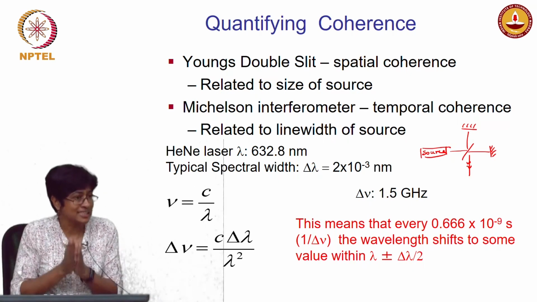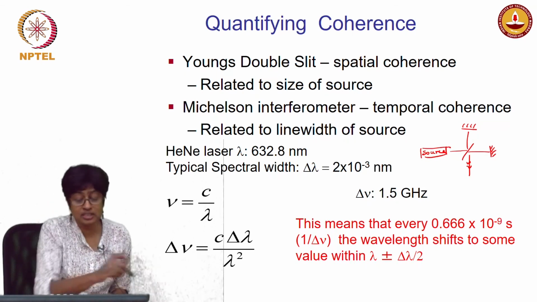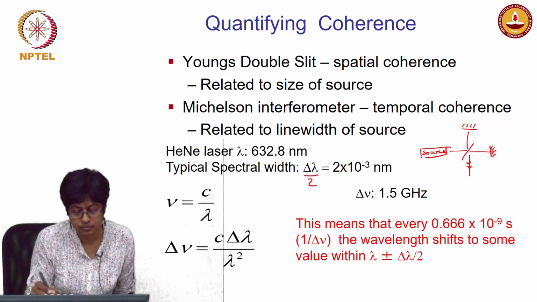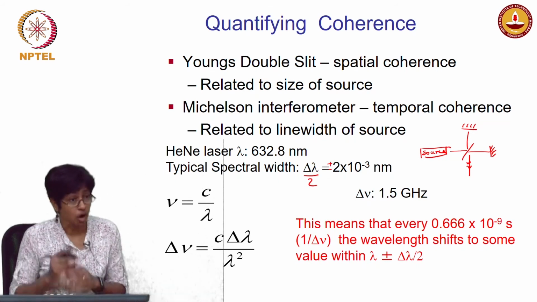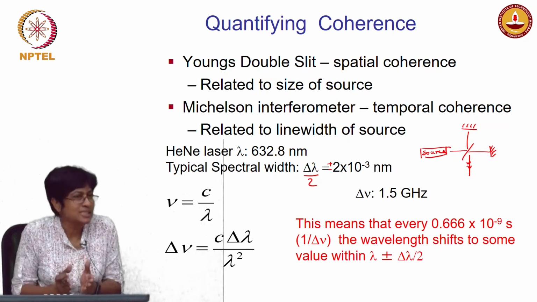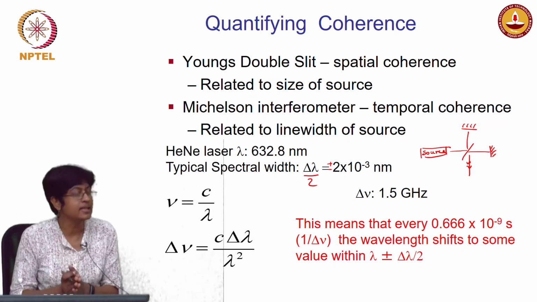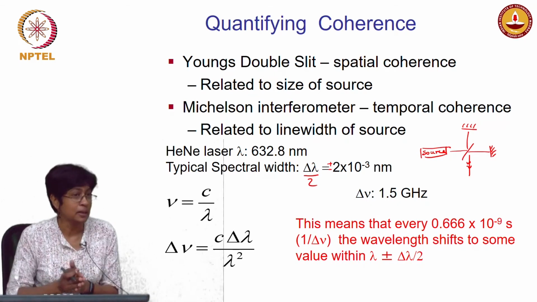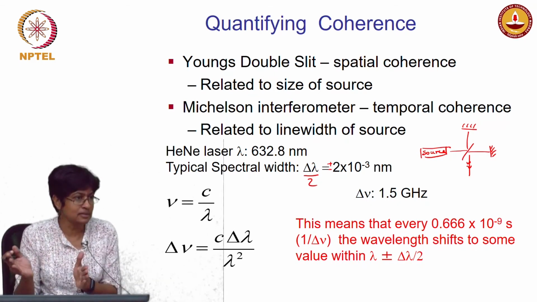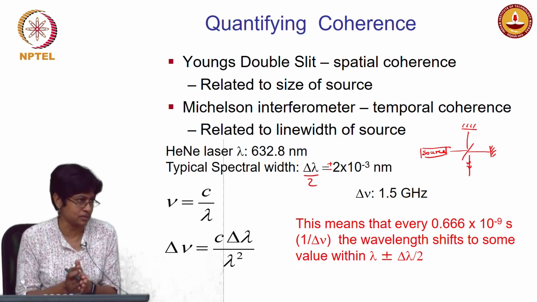It's emitting at some value of lambda which will lie plus or minus delta lambda by 2 off from 632 nanometers. So, I will still say, oh, this source is emitting 632.8 nanometers, but really it's emitting any wavelength within plus or minus delta lambda by 2 of 632 nanometers, okay.